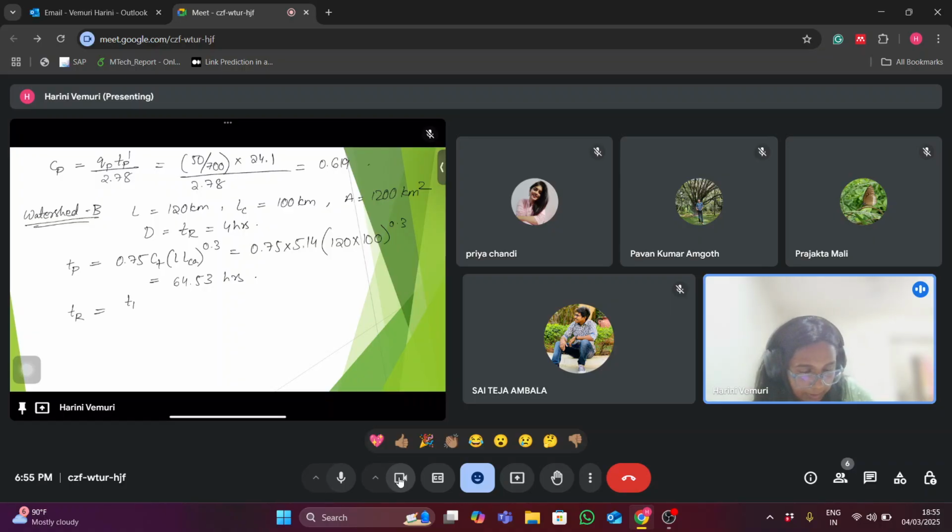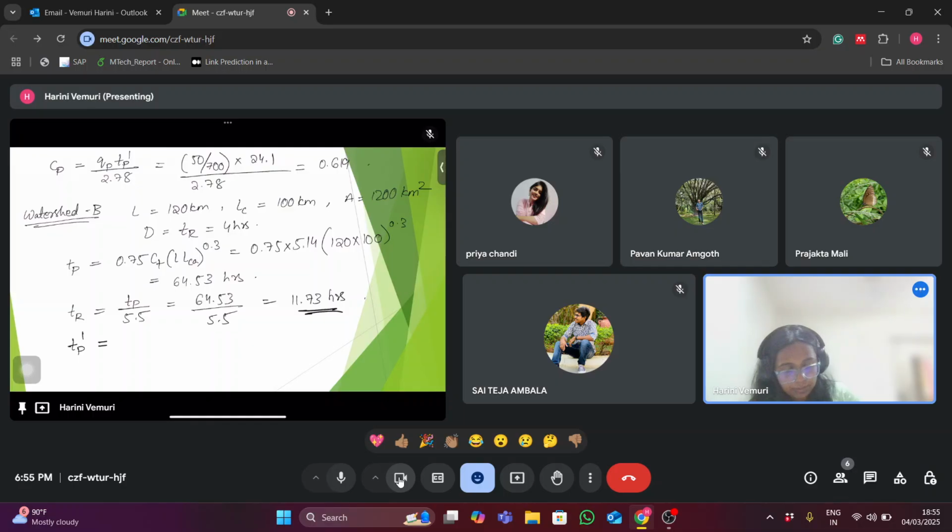Okay. Now we'll try to estimate the duration of excess rainfall. That is Tp by 5.5, 64.53 by 5.5, which is 11.73 hours. So this is not the same as the duration of excess rainfall, that is 4 hours in our case.